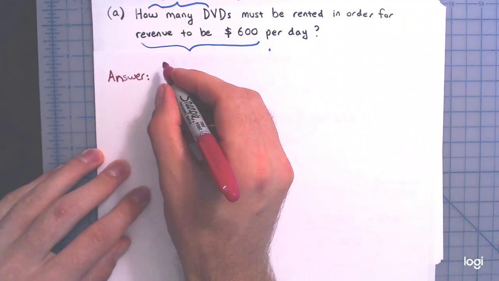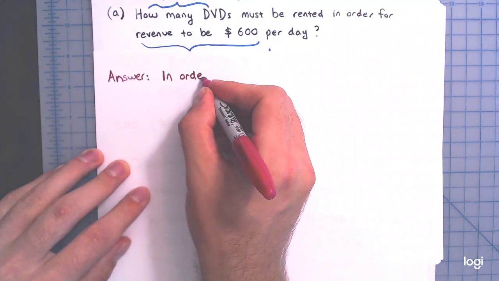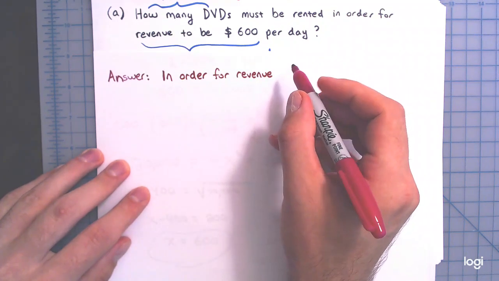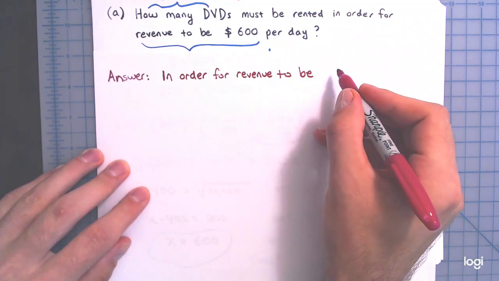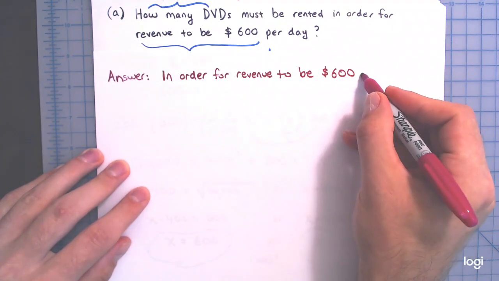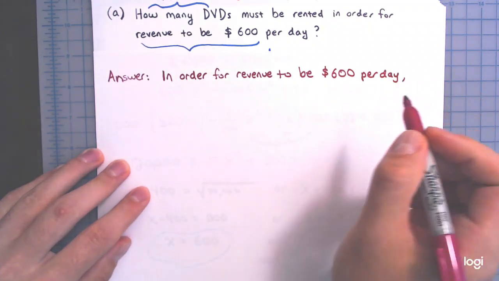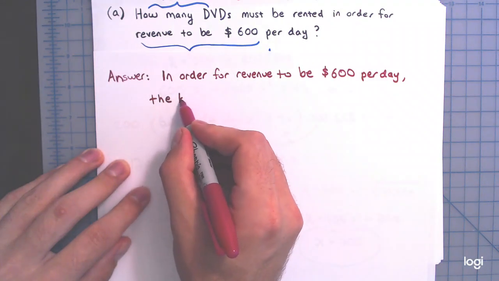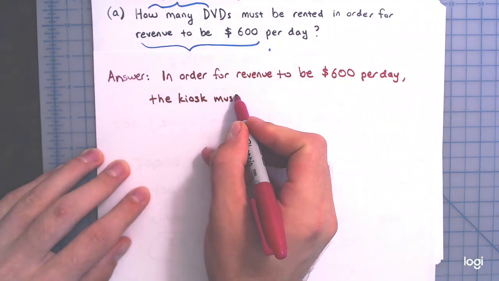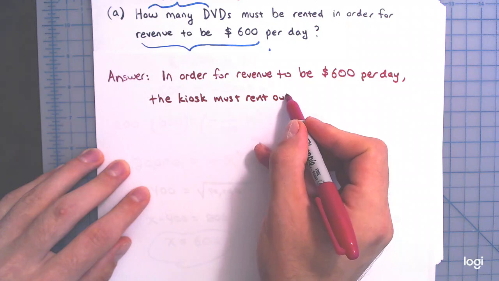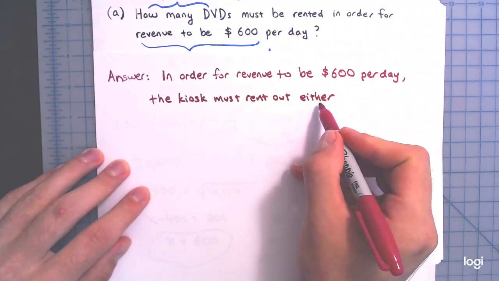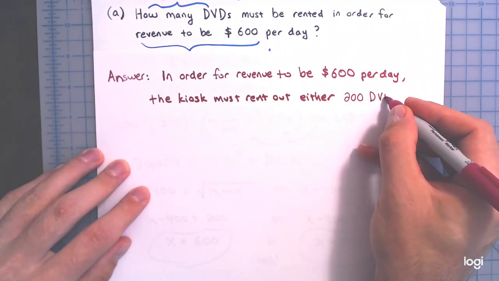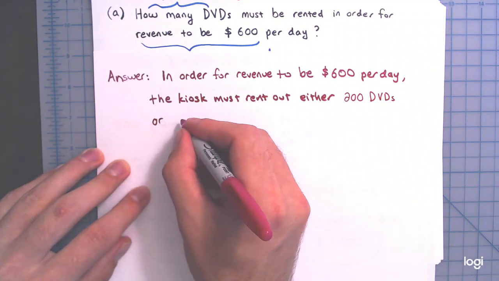So in order for the revenue to be $600 per day, the kiosk must rent out either, because again there are two possible solutions here that we saw, either 200 DVDs or 600 DVDs.